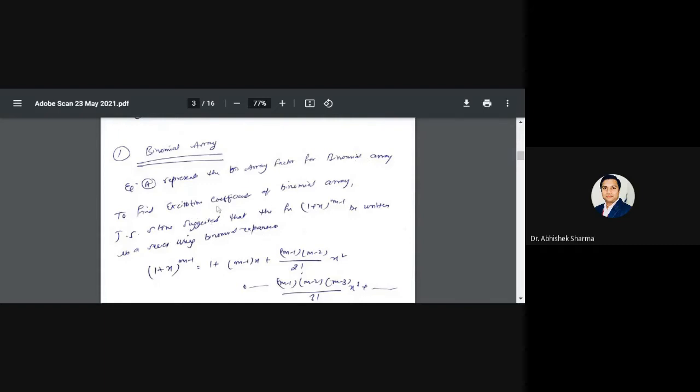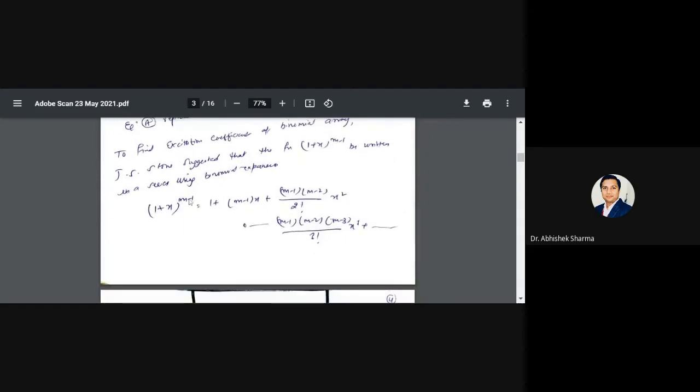To find out the excitation coefficients of this binomial array, J.S. Stone suggested that the function (1 plus x) raised to power m minus 1 can be written as a series by using binomial expansion: 1 plus (m minus 1)x plus (m minus 1)(m minus 2) by 2 factorial x square plus (m minus 1)(m minus 2)(m minus 3) divided by 3 factorial x cube plus (m minus 1)(m minus 2)(m minus 3)(m minus 4) by 4 factorial into x raised to power 4 and so on.